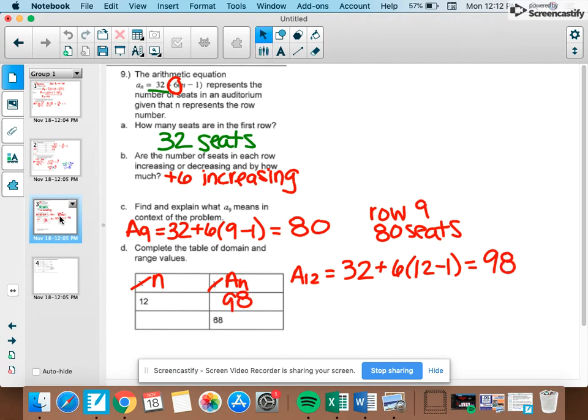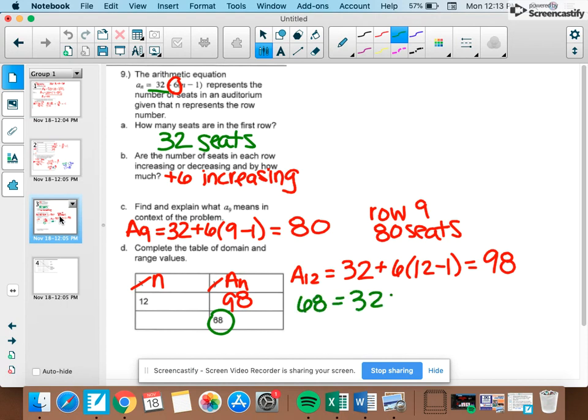Now, the second part here is a little bit harder because they're giving me a_n. So instead of a_n, I'm going to write 68, and set that equal to my formula. I'm leaving n in the formula because that's what I'm trying to solve for. I'm going to subtract 32 from each side first.